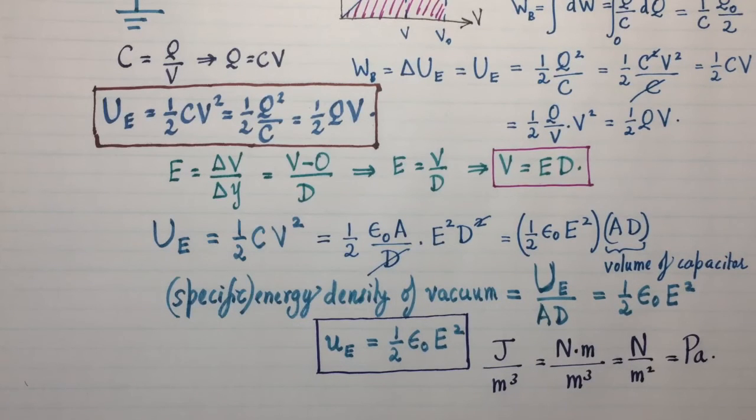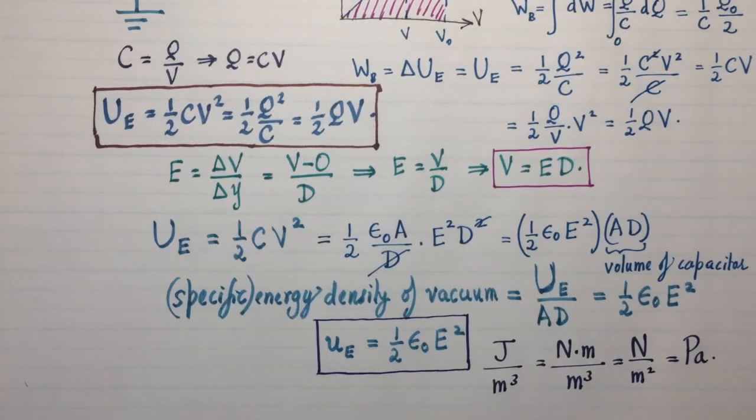The energy density in the capacitor creates a vacuum, and that's a vacuum pressure. In fact, there have been ideas for electrostatic vacuum cleaners based on this concept. You have two plates, and you put a high voltage between them, and it'll suck all kinds of dust, because dust is a dielectric, because of this suction pressure.